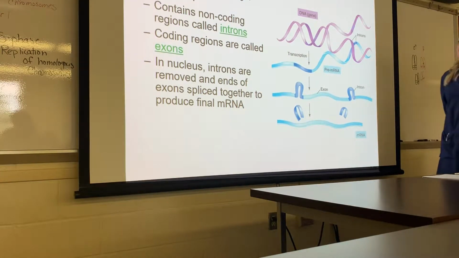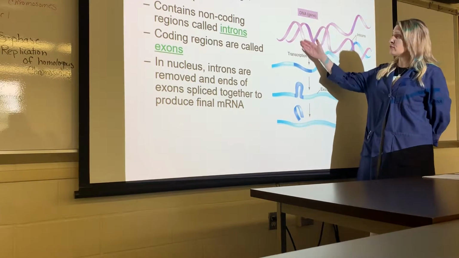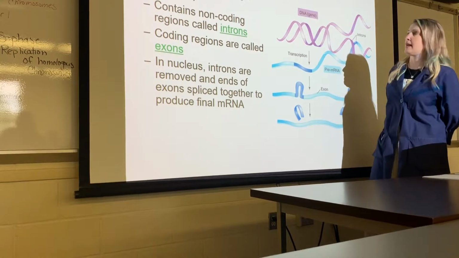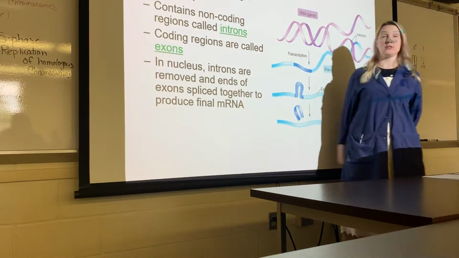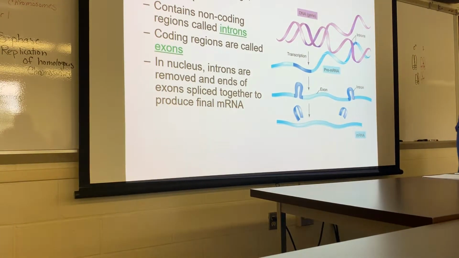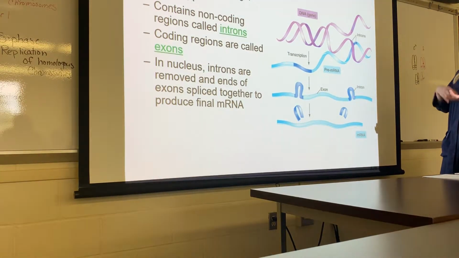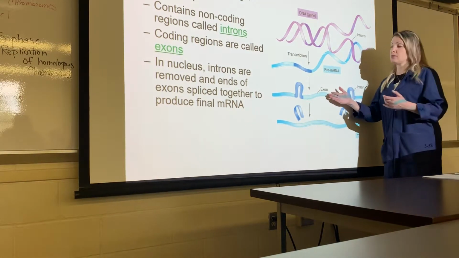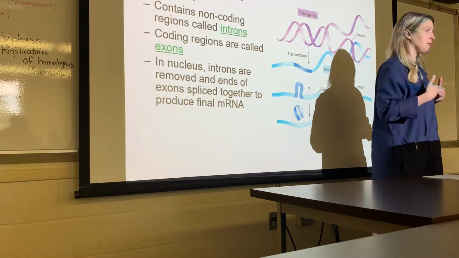So first, as I mentioned, when transcription occurs in the nucleus, we first start with pre-messenger RNA. This is longer than messenger RNA and contains introns, which code for nothing, and exons, which are coding regions. So the introns are going to be released, and the exons are going to be spliced together, or glued together.